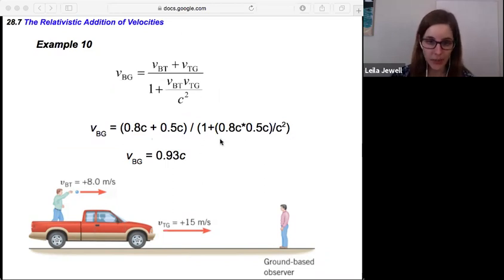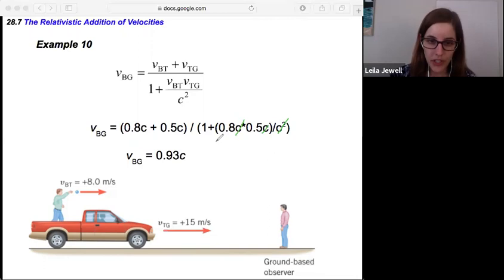So that's why we divide by this other term, 1 plus 0.8 c times 0.5 c. And because we're dividing by c squared, there's no reason for us to multiply out this 3 times 10 to the 8th, because c times c divided by c squared, I hope you can see that all of those c's are just going to cancel out.